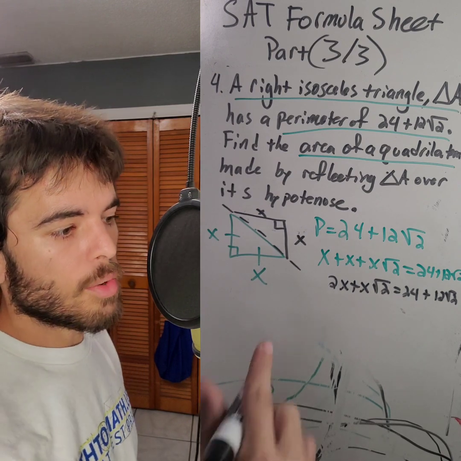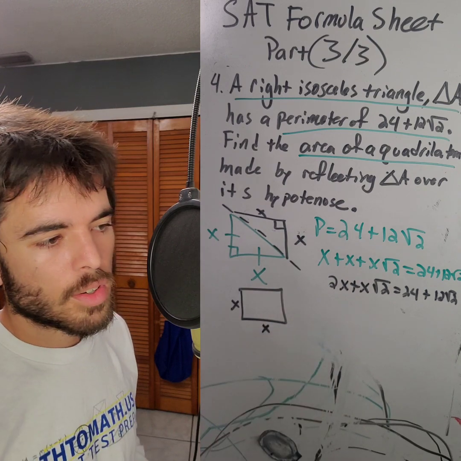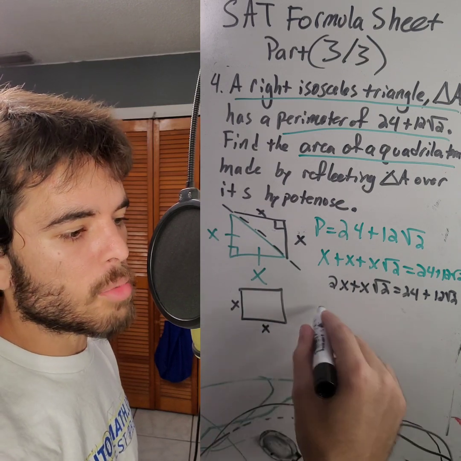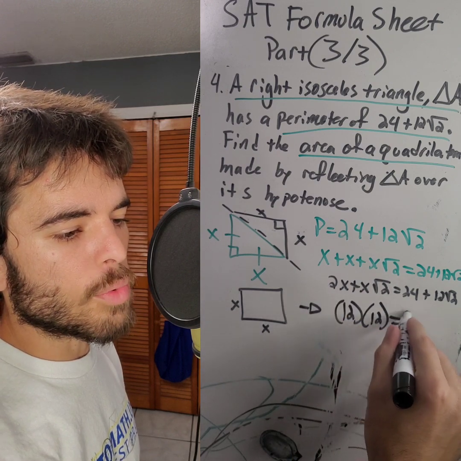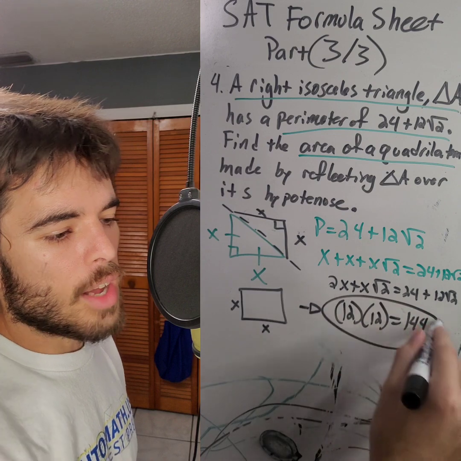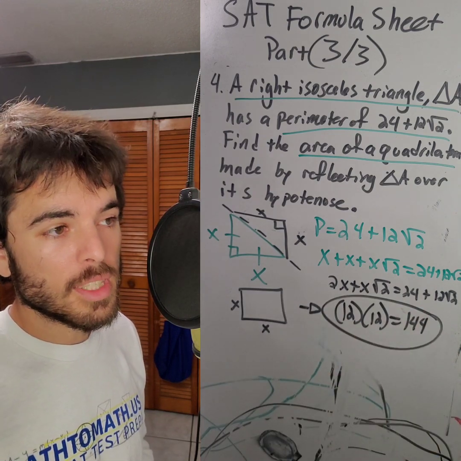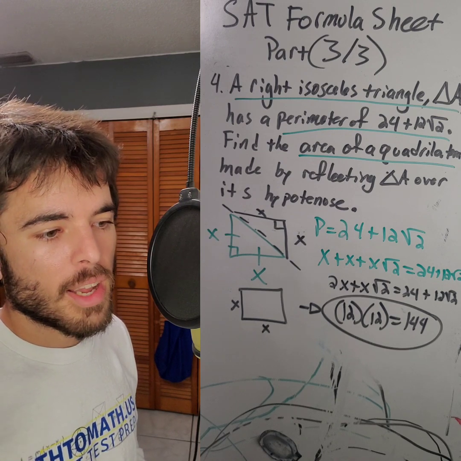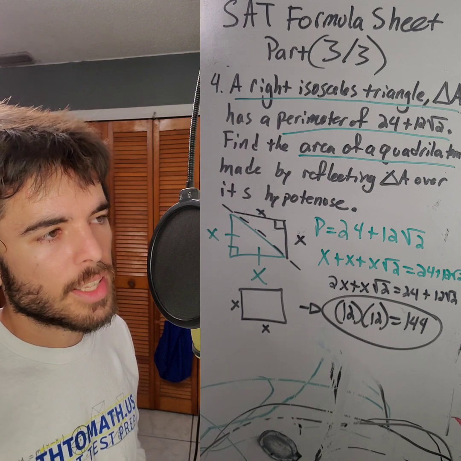Don't forget, we're trying to find the area of this square. So I know it's 12, I could plug that in. 12 times 12 equals 144. I multiplied the 12s, the sides of the square, because we're trying to find the area, ultimately. That's our ultimate goal. So my answer is 144. And this is a great free response question on the SAT.